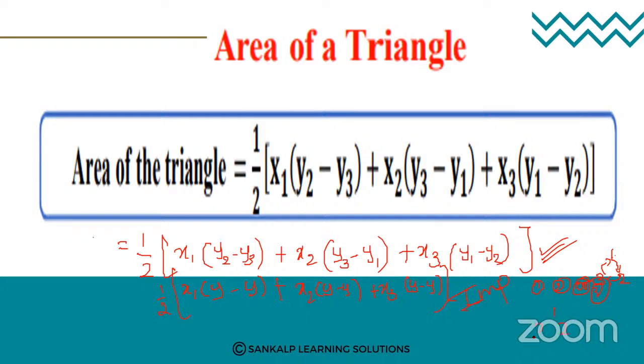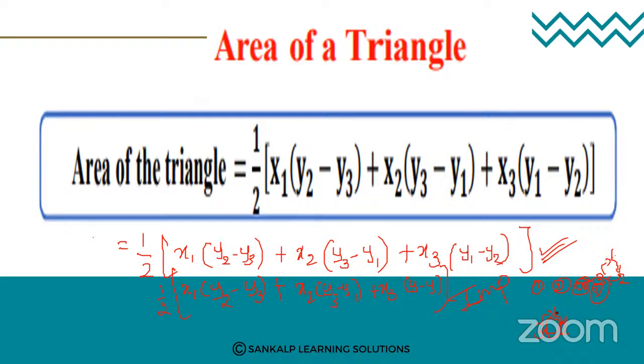1 2 3. Okay, so rotate these numbers in clockwise direction: 1 after 2, 2 after 3, 3 after 1. If you rotate like this, you have written x1. After 1, 2 and 3 will come, so write here 2 3. For x2, after 2, 3 and 1 will come, so write here 3 and 1.